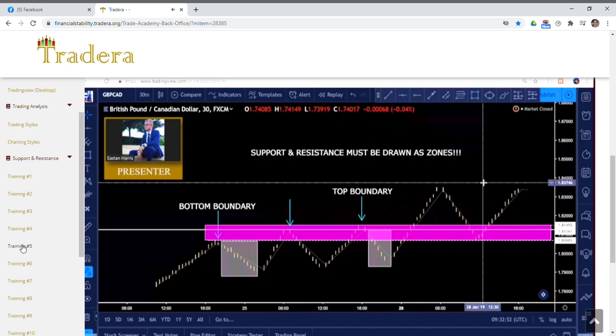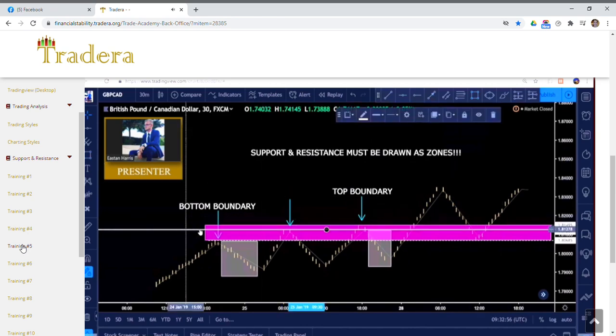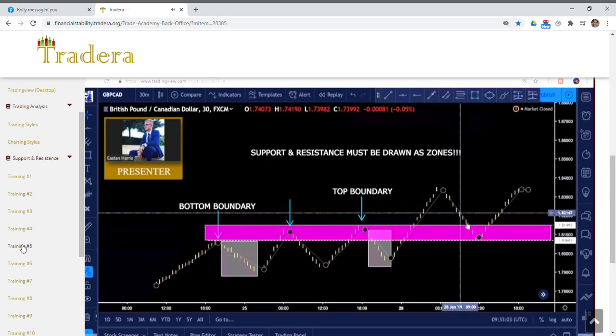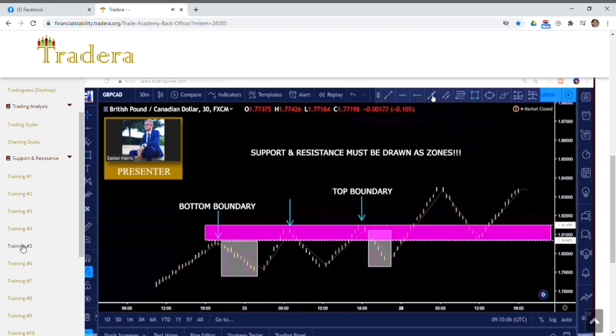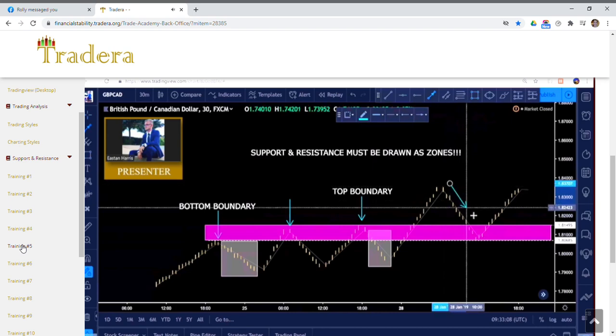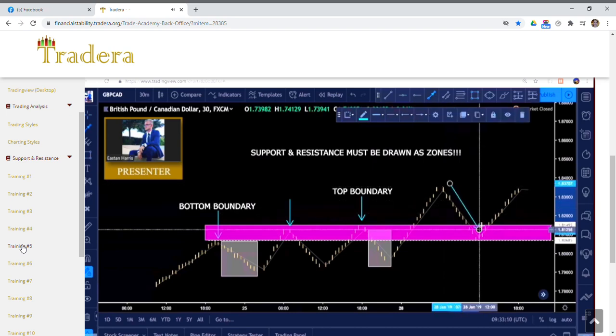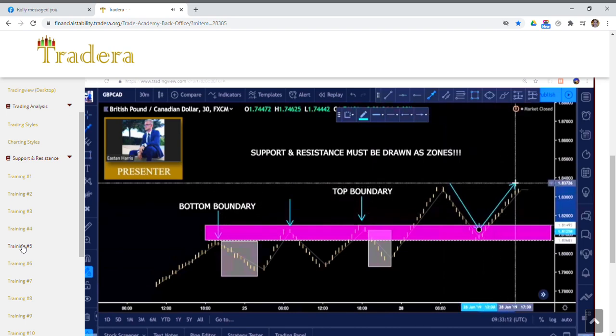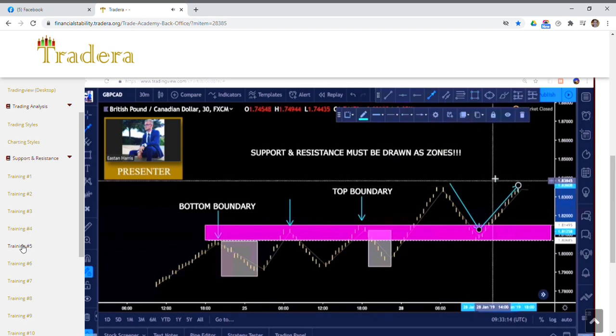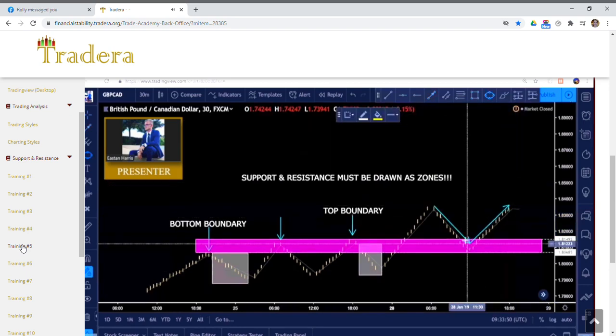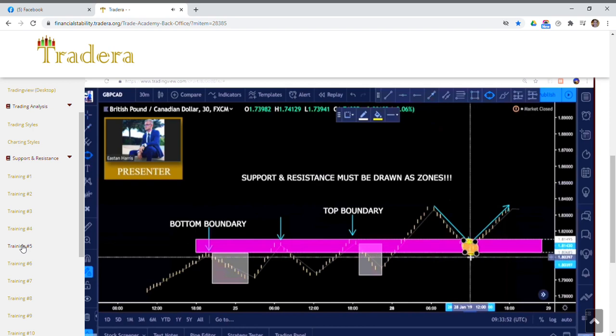And now that we have it drawn like this, and we're not using this line anymore, this move made sense. This makes perfect sense. This whole move down to the support and resistance zone, and then the reaction off of it, this bounce makes perfect sense now.